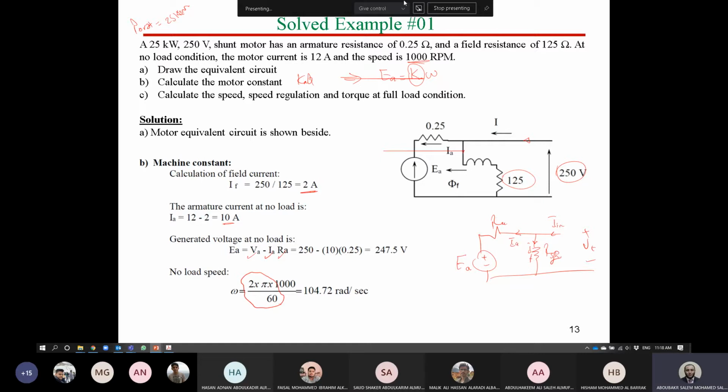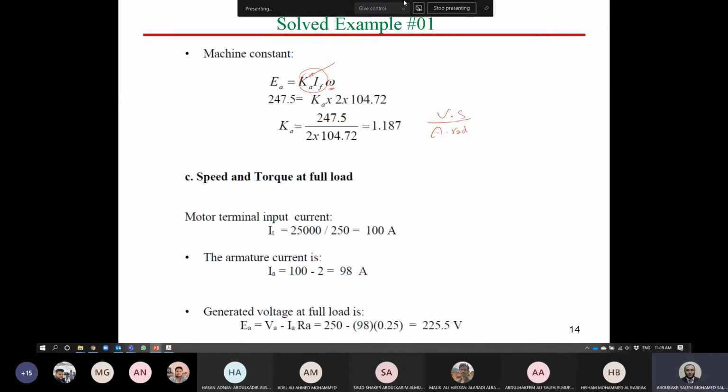Shabab, do we have any data related to full load? The output power. Only the output power, you are right. So now we need to calculate the motor speed, speed regulation, and torque at full load conditions. So we have only the output power in the full load condition. So we can start from that power.